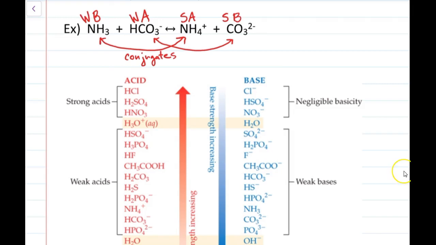All right. So what does that mean? It just means that these two on the right-hand side are better at doing what acids and bases do, which is giving in the case of acids, and receiving, in the case of bases, a proton, right?